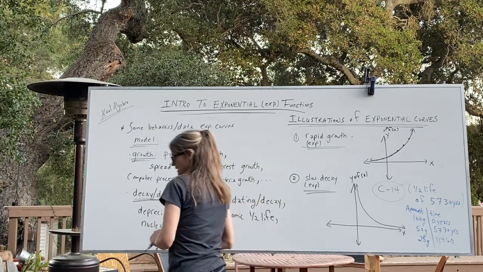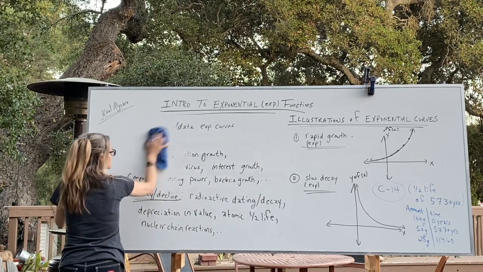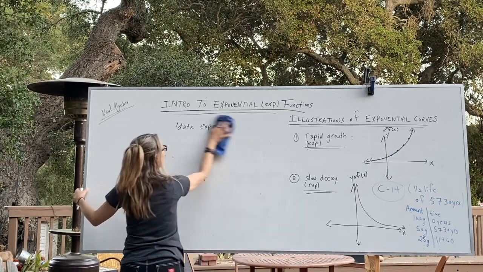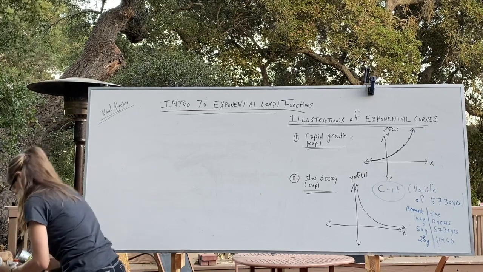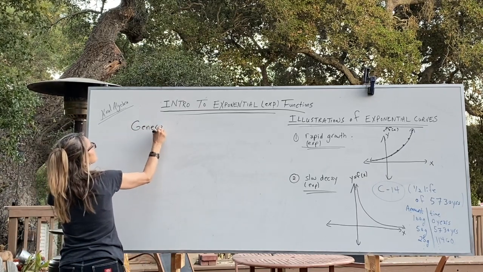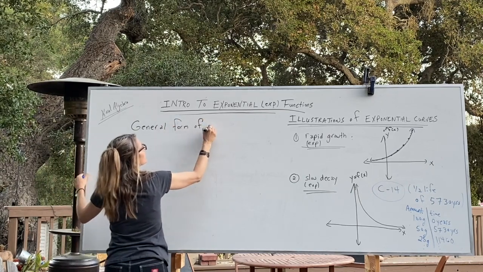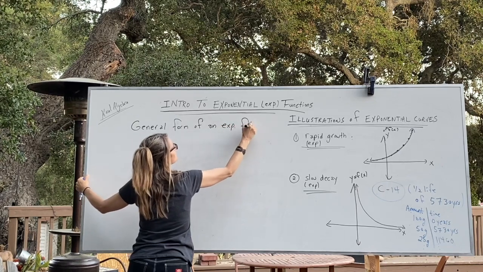Okay, so let's take a look at our template that we use for exponential functions. When we have exponential data we're working with, we have a certain template. So we have a general form of an exponential function.